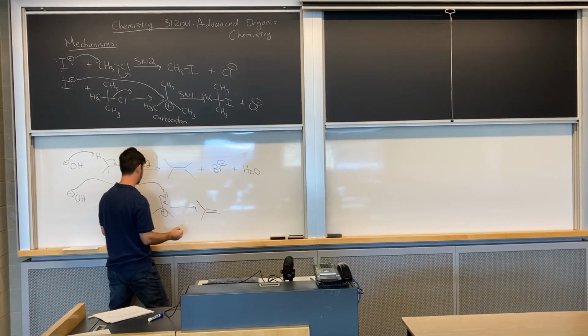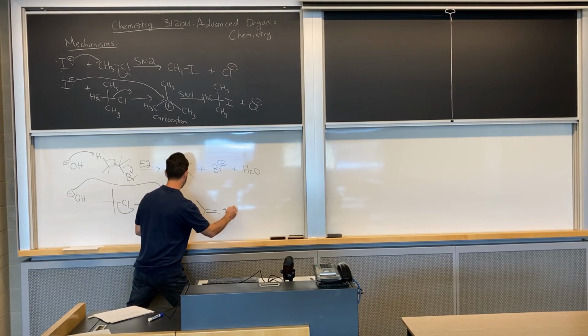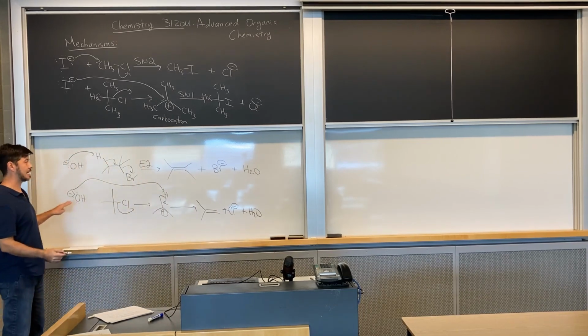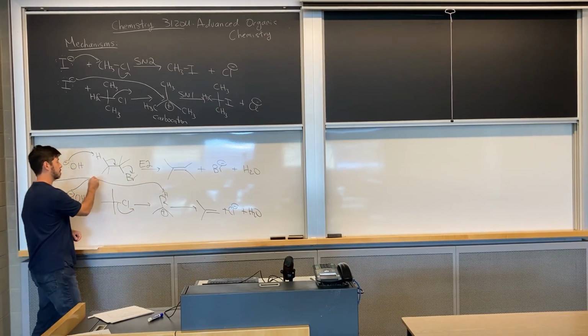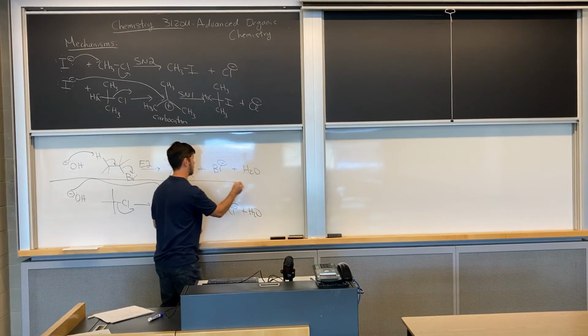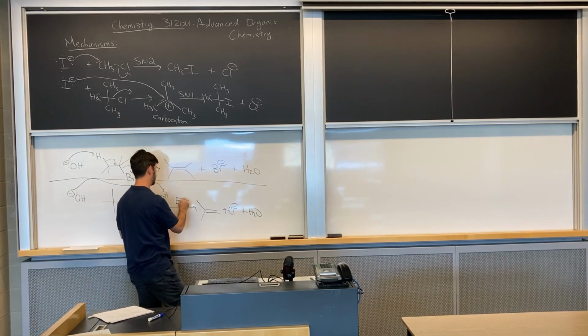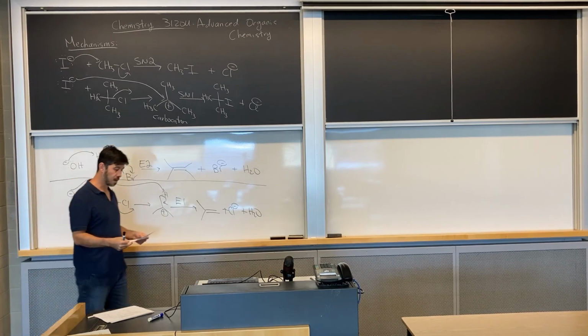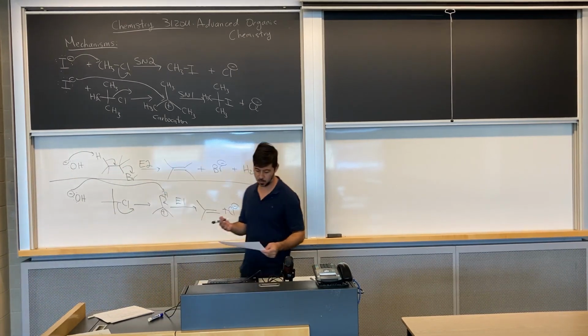So this will be your final product, plus your byproducts, Cl minus, plus water. So this is known as an E1 mechanism. Okay, so these are just some general review in terms of how these mechanisms work.